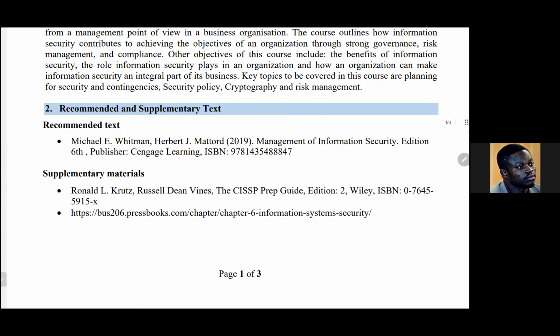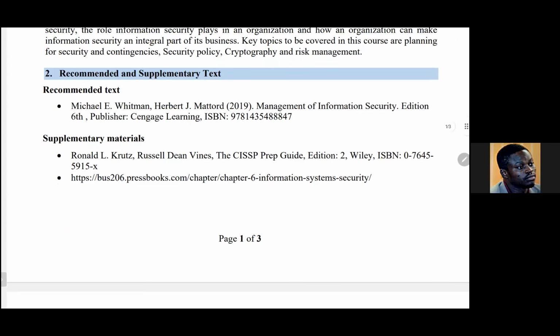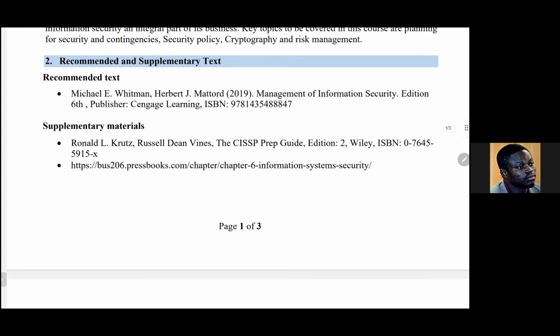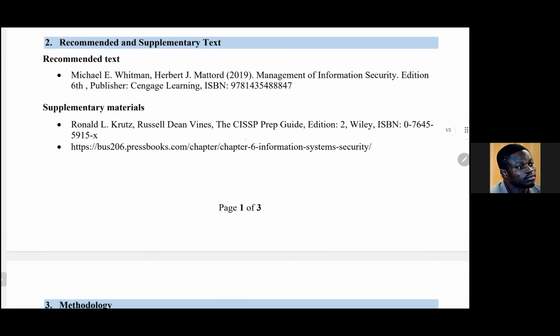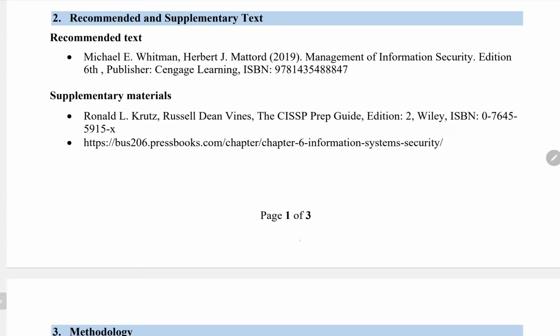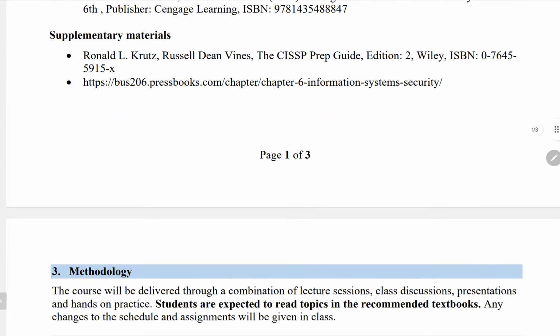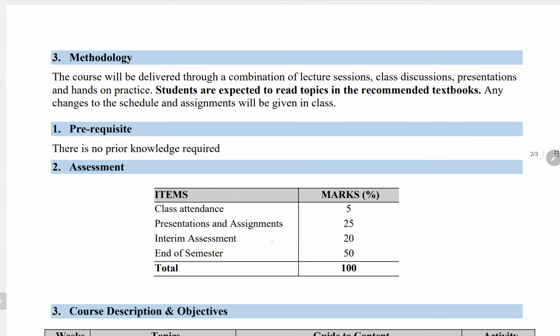And there are other supplementary materials that are also put on Sakai, so you can go and download. For instance, Ronald L. Cruz's book is about safes and also some element of cryptography, which I will handle in the latter part of this semester.